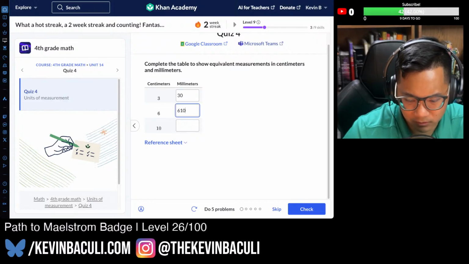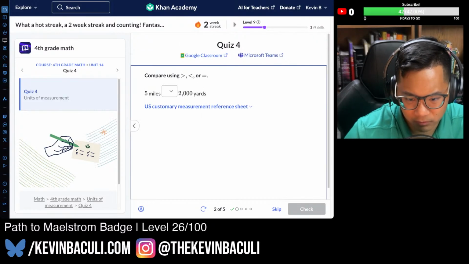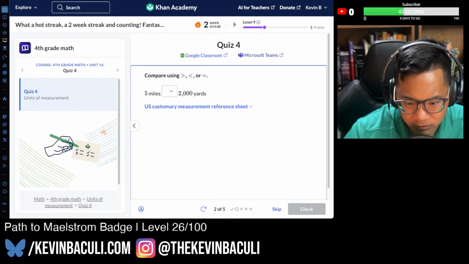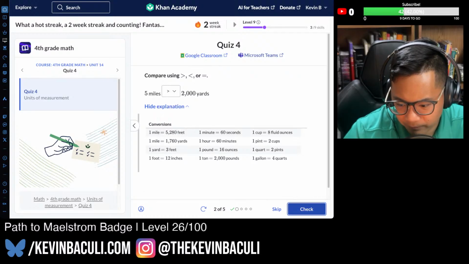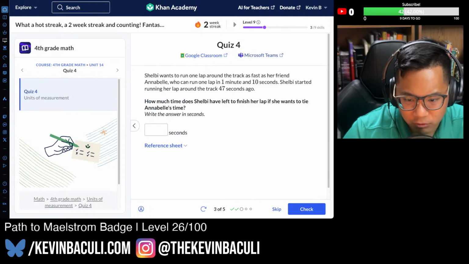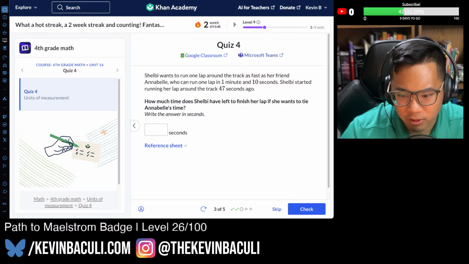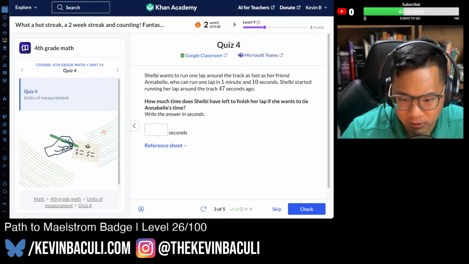30, 60, 100. 5 miles or 200 yards. A mile is 5 miles. Shelby wants to run 1 lap around the track as fast as her friend Annabelle could run 1 lap in. Shelby started. How much time shall finish her lap?